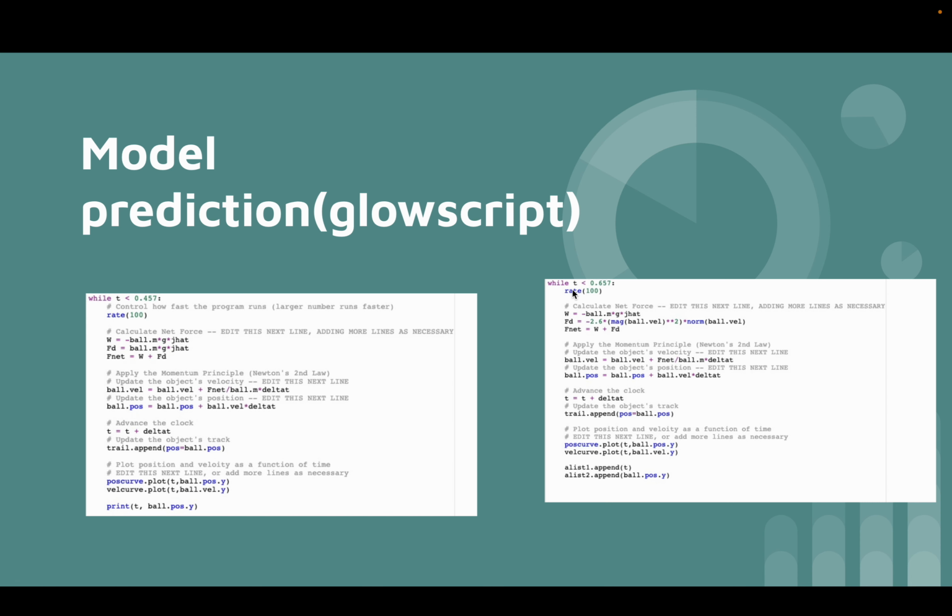And here, when time is in the period between 0.457 and 0.657, the bottom of the slinky starts to drop. So I update the drag force function as here, and then you can see the F net force change, and I update the new ball velocity and the ball position function.